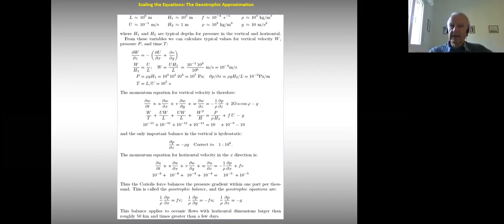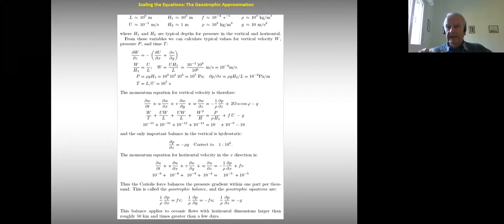So what we do, we assume, for example, that the horizontal scale is 10 to the 6 meters, so it's 1,000 kilometers. We assume that the depth is 10 to the 3 meters, so we're at order 1,000 meters.